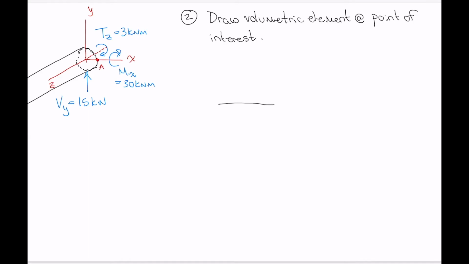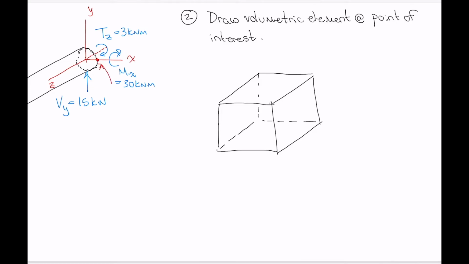then we've got a little piece of material that looks like that. Okay, there we go. That's supposed to be a perfect cube. This is that little bit of material at point A blown up into a larger size, right?